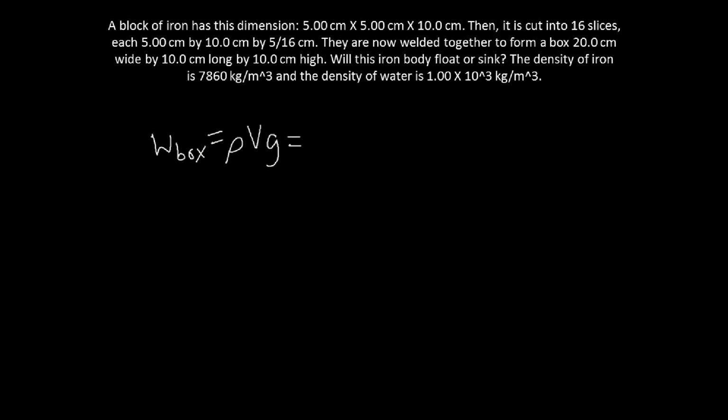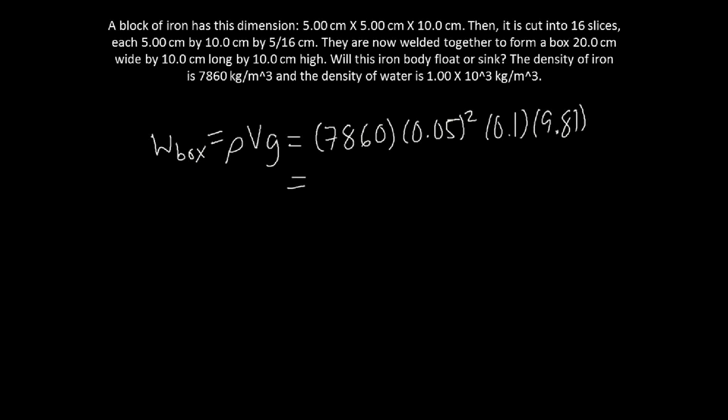And the density of the iron is given in the problem, so it is 7,860 kilograms per cubic meter. And the volume, we're going to convert all of that into meters, so 0.05 meters squared since it occurred twice, and then 0.1 meters times 9.81 meters per second squared, and this will be equal to 19.3 newtons.